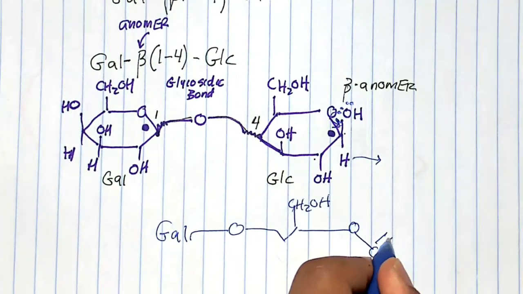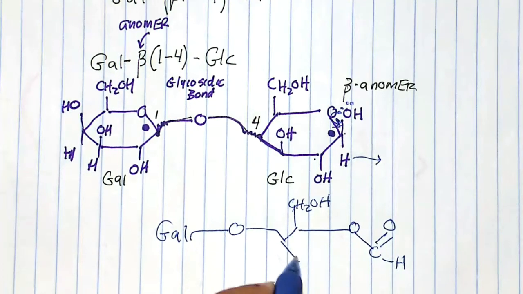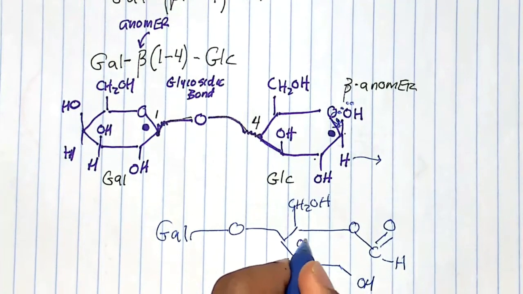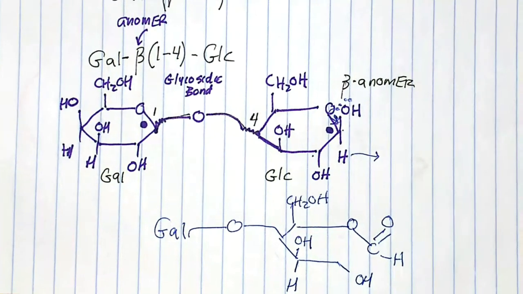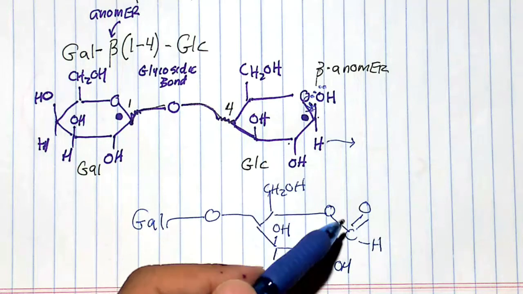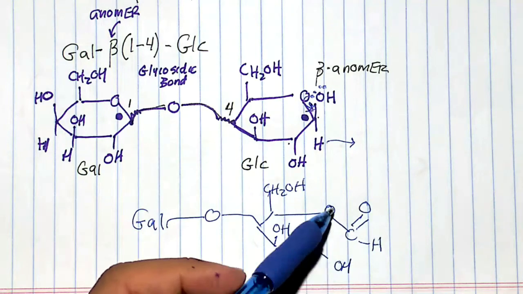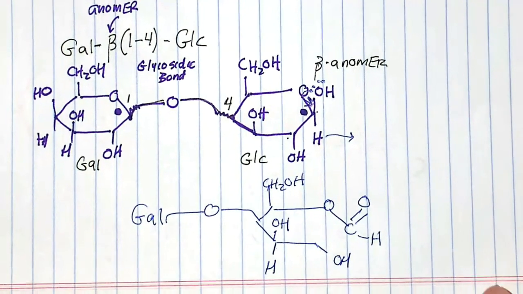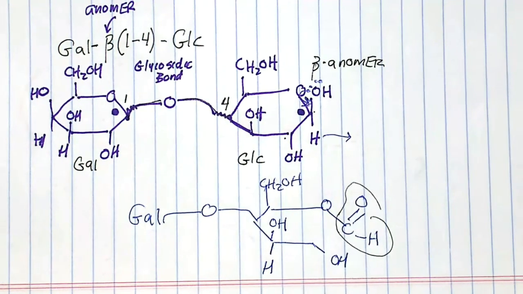So you have a free aldehyde that is in an equilibrium with the straight chain form. Now I understand that the free aldehyde is very, very rare, probably 1% the linear open chain form, but that is enough to react. So this can undergo aldehyde chemistry.